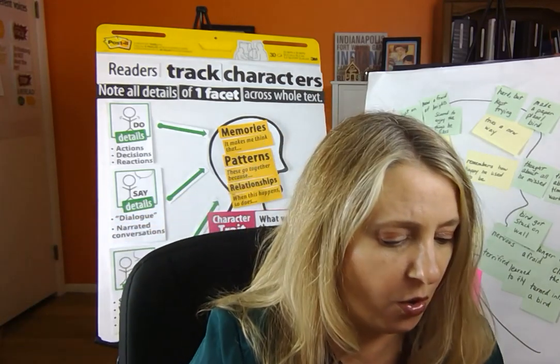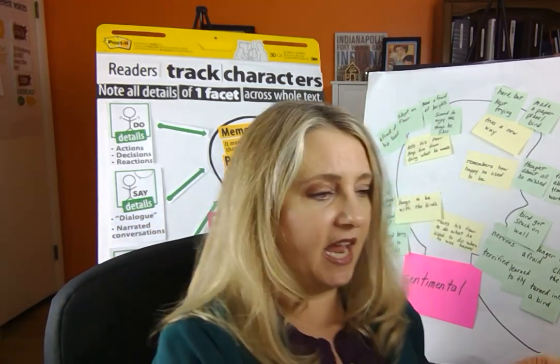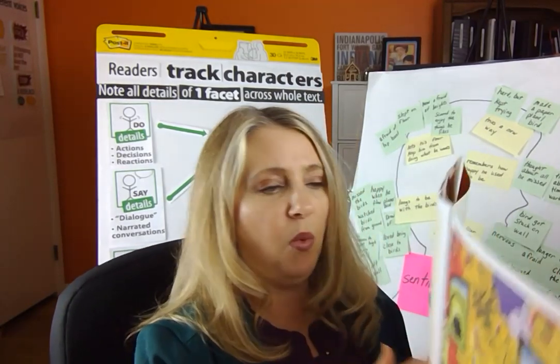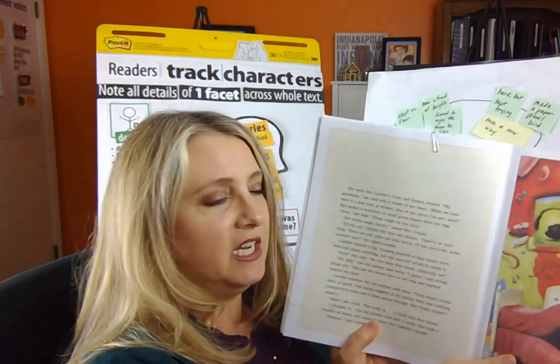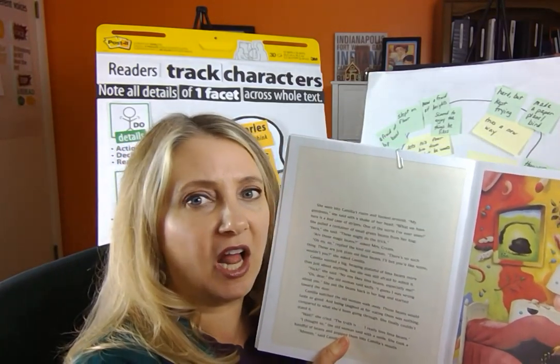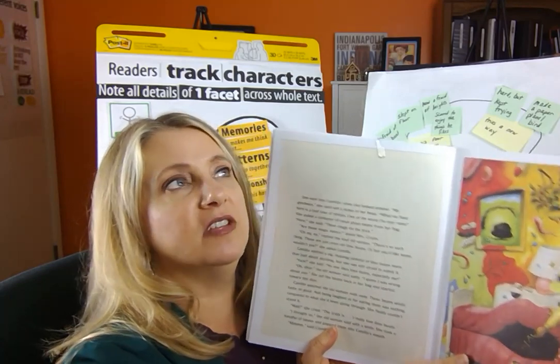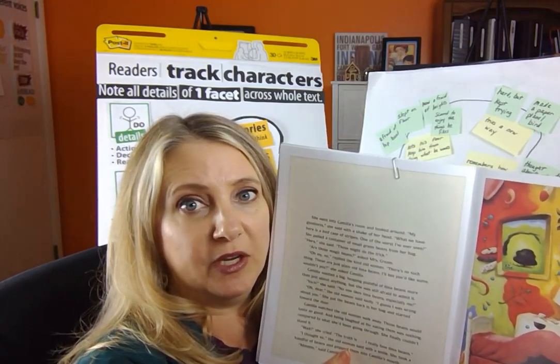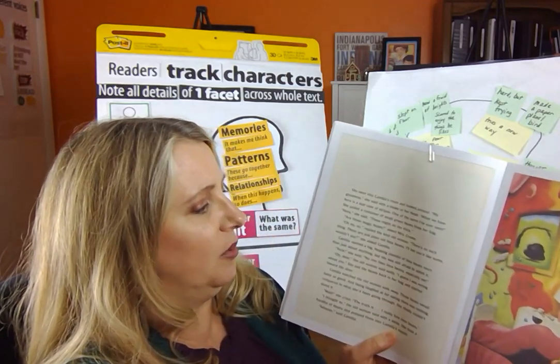And so when we go back into the text, the way to figure out what the character learned, why the character changed, is to go into the most crucial part of the story, where it's just getting so bad that it seems like nothing's going to work, nothing's going to help.